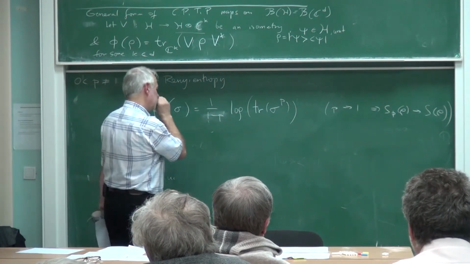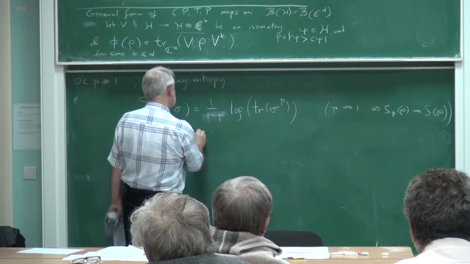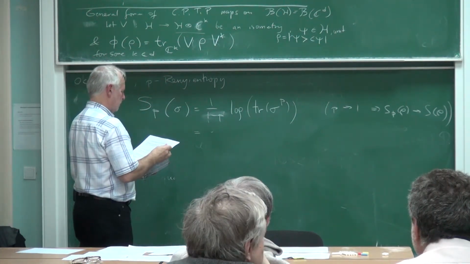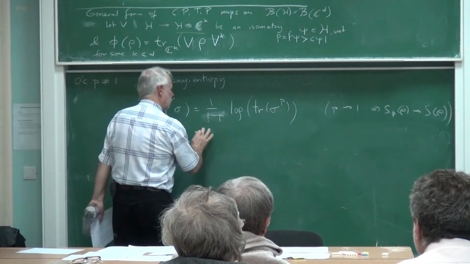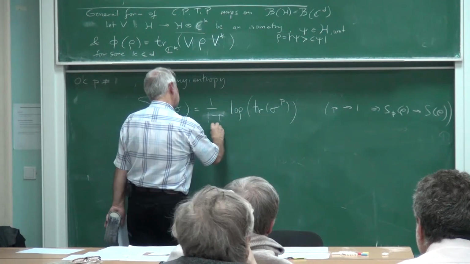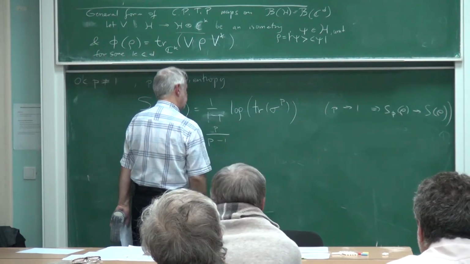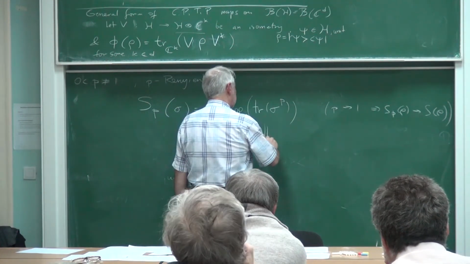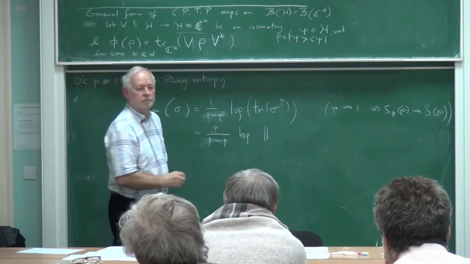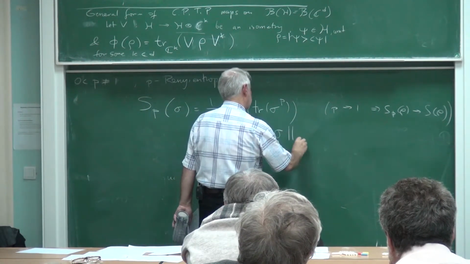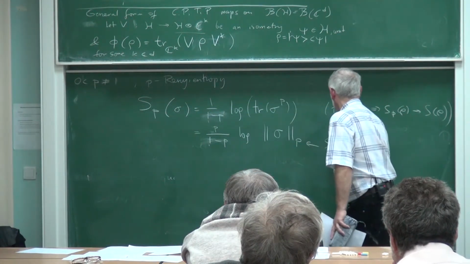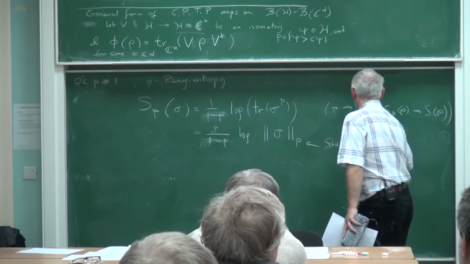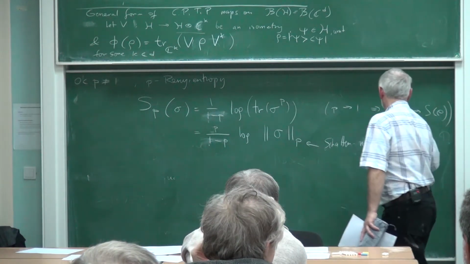But now look, this is even more interesting, because it has a functional meaning. Namely, I can write that this is the same thing as p over 1 minus p times the logarithm of the Schatten von Neumann norm of sigma.